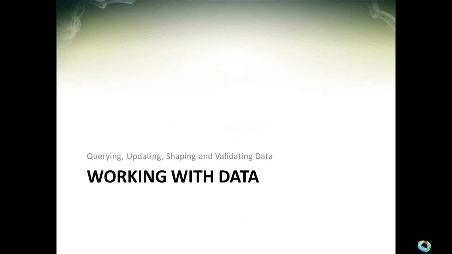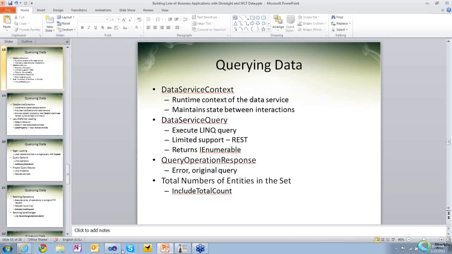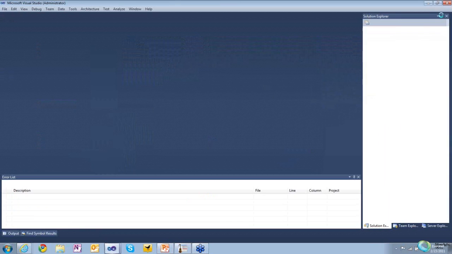Okay, so this was the introduction of OData and WCF Data Services. Now let's see how we can work with this data from a Silverlight client. Now I open Visual Studio.